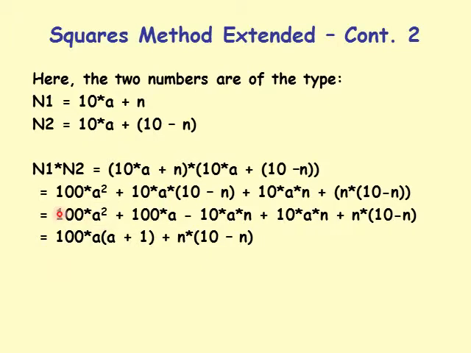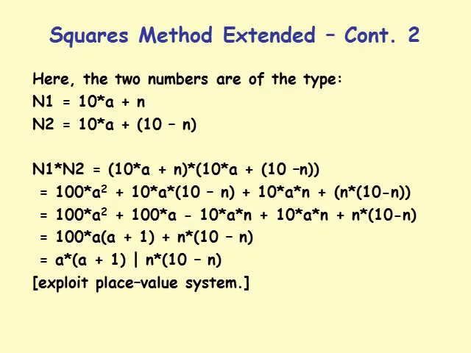So this term is 100a times a plus 1. We have extracted 100a of a plus 1 from here, and then the last term is n times 10 minus n. See the 100 here? If this is two digits, we can use the place value system to say this is the left hand part of the answer and this is the right hand part of the answer.